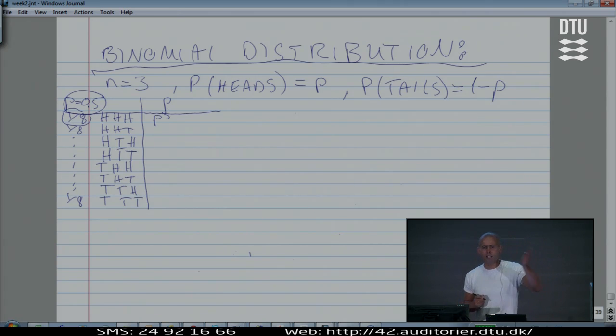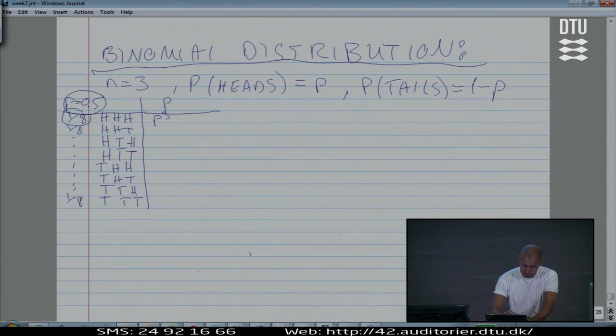How about heads, heads, tails? Well, it's a P times a P times the 1 minus P at the third outcome, right? P times 1 minus P. We are assuming that the individual throws are completely independent of each other, that they don't interfere with each other.